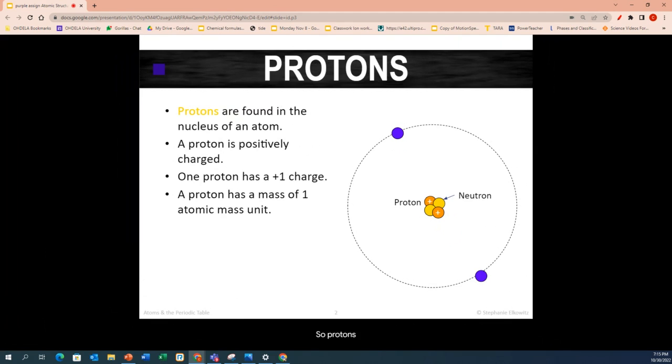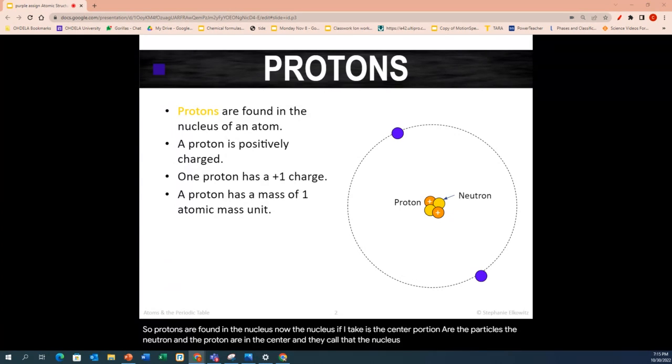So protons are found in the nucleus. Now the nucleus is the center portion. The neutron and the proton are in the center, and they call that the nucleus.